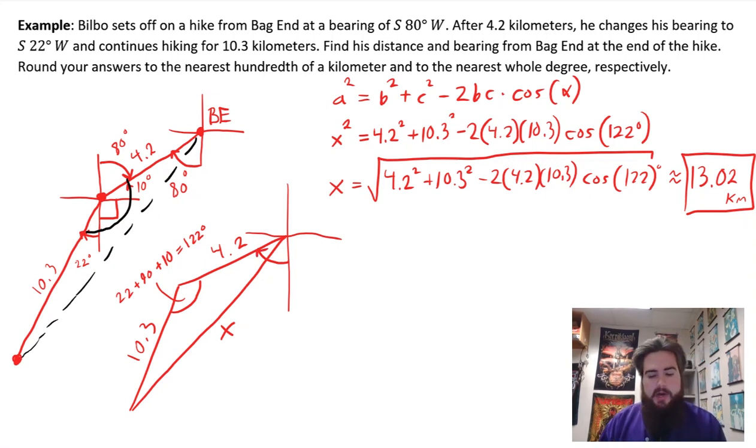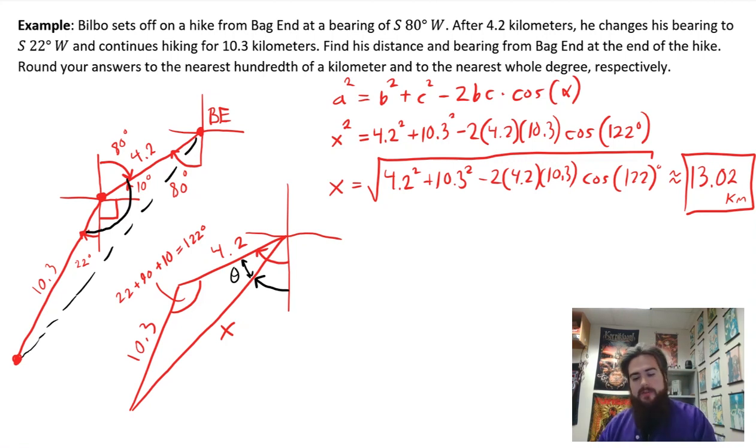We want to find the bearing to this new direction that would get directly to where we ended, meaning we want to find the angle measure here. So long as we can find the angle measure inside of this triangle, this acute angle measure I have represented with theta currently, then we should be able to take that away from the 80 degree bearing and get the one to our new position.